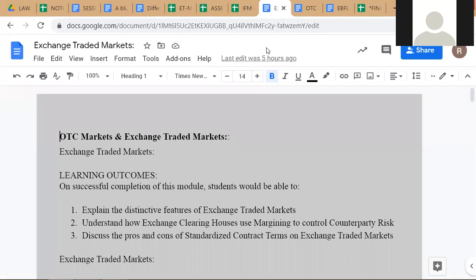This is the note that we have for exchange traded markets, the second note. And later on, I will put the links to all these notes in the consolidated file which we will use for this course, which we'll just call forwards versus futures. And that will also cover this versus this.